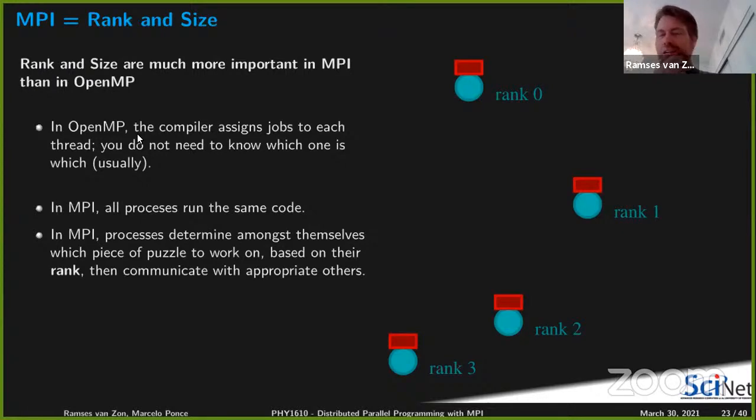And other languages have been invented to do this also, and they all have their nice features. And for one reason or another, MPI is still the go-to library to do distributed memory parallel programming, which is why we cover it here. Okay, so this has to be done. You have to get your rank as a process, and as a process, it has to figure out what is my role.